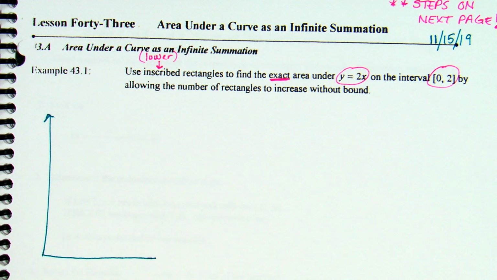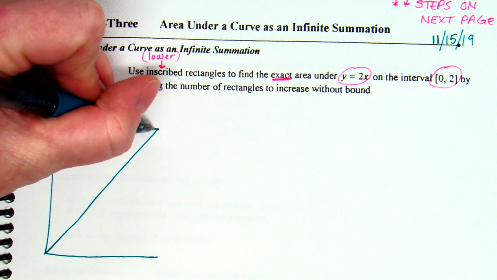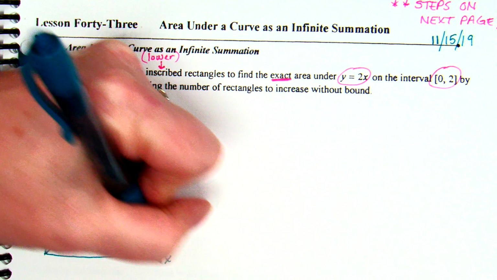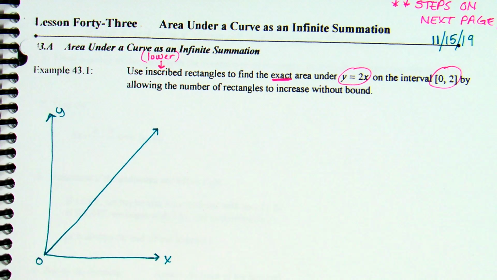What does y equals 2x look like? It's a steeper line than y equals x. It is just a line, though, and it goes through the origin. So there's my x-axis, my y-axis, and my y equals 2x line.